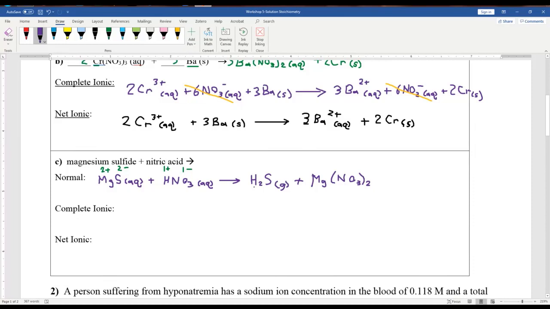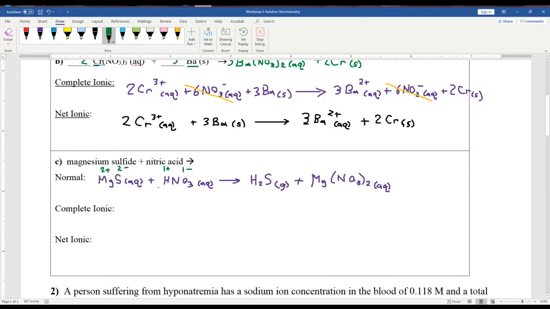Well, not yet. And what phase of matter is magnesium nitrate? Is that soluble or insoluble? Soluble. Okay. And now we balance it. So what needs to happen to make it balance?